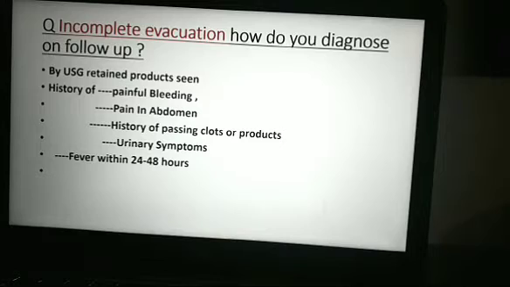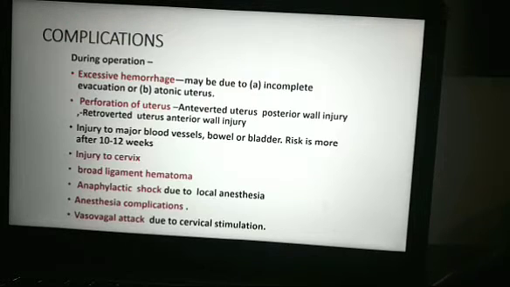Urinary symptoms are sometimes seen in these cases. She may have an episode of fever within 24 hours after evacuation in case sepsis has occurred. So these patients are treated with suction evacuation, repeat suction evacuation, also known as check curettage.